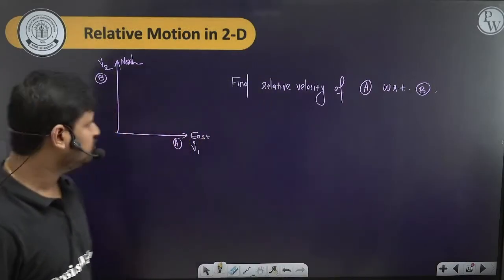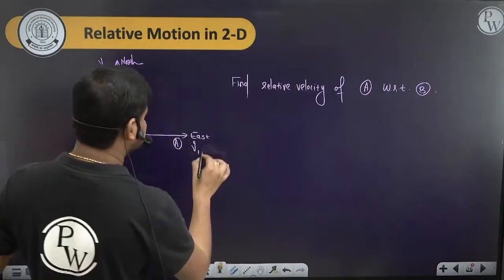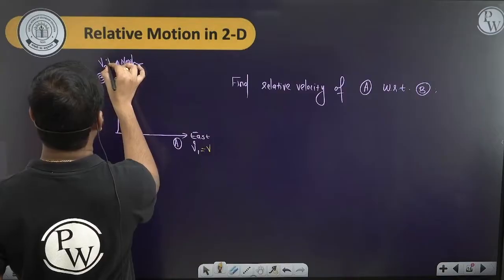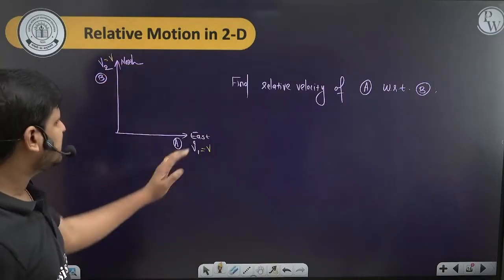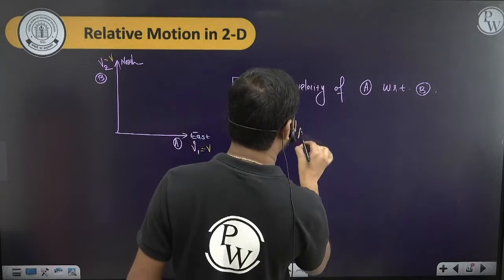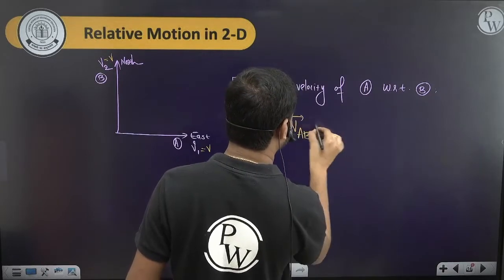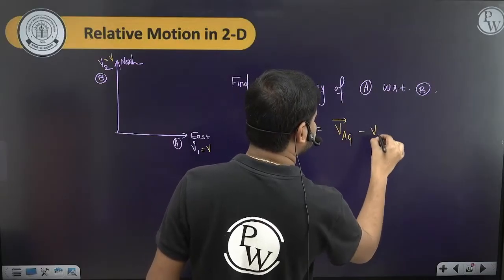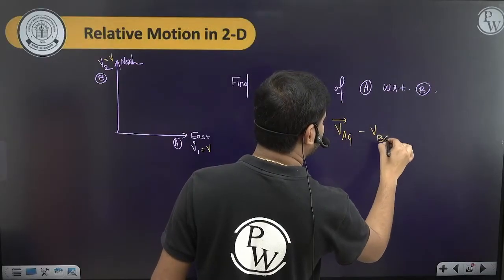Let's suppose the magnitudes are V1 and V2, both equal to V. This is the velocity of A with respect to B. What does that mean? It is velocity of A with respect to ground minus velocity of B with respect to ground.